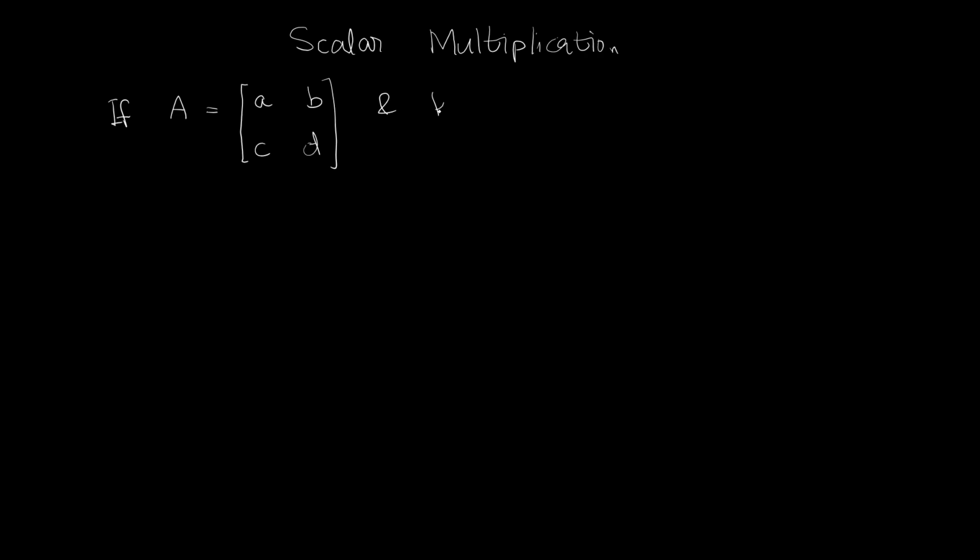Now we call it scalar multiplication because obviously we are multiplying a scalar value with our matrix here. Now scalar means it's a real number. It does not have any variables with it, and it's like a constant value, right?